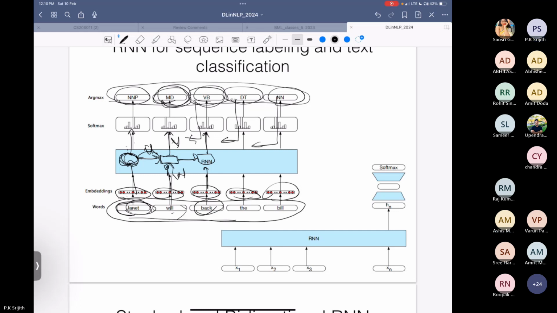And if it is some task like sentiment analysis or some other text classification task, then you look at all these sequence of words, obtain a hidden representation and get the final hidden representation out of the final word, and then just use that final hidden representation to predict the sentence category. Okay, that is how you can use it for simple text classification.